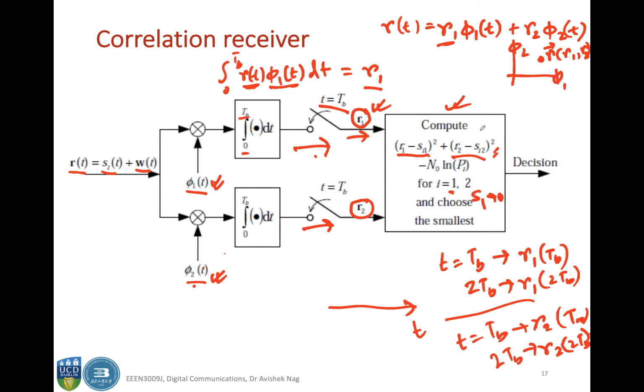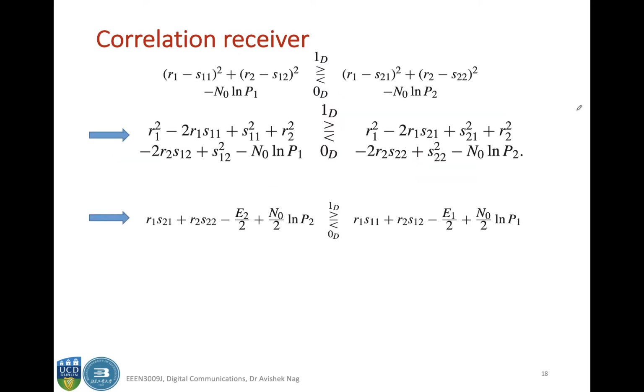So actually you are computing this whole term, this minus this. Okay, this is N0 log of Pi. So the whole thing is computed, and whichever is smallest, you take a decision in favor of that. So this is what is happening.